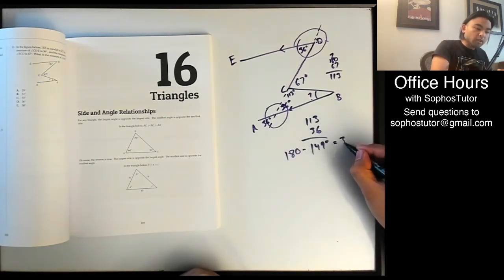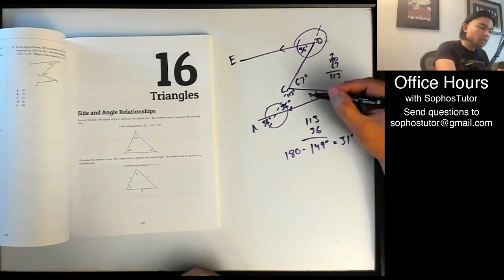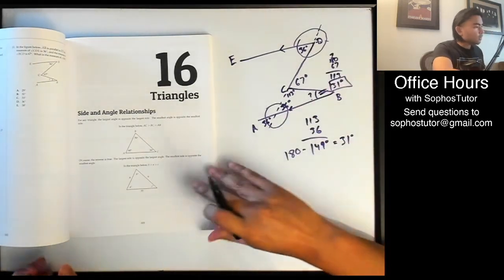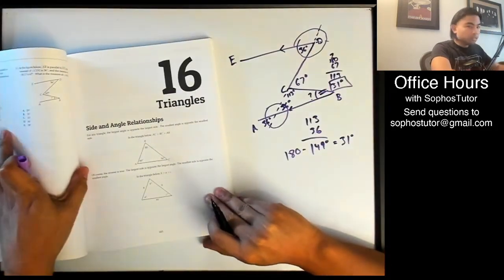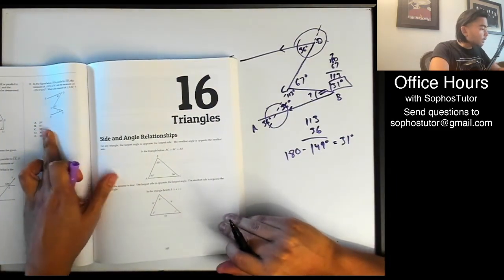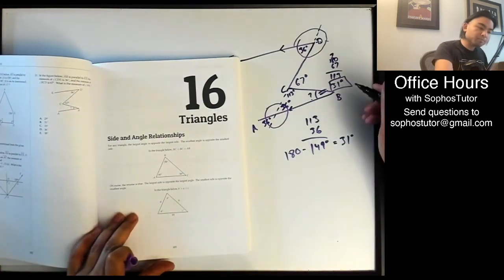This should be, I believe, 31 degrees. Just verify. Yeah. So the mystery angle is 31 degrees. And if we check our book, there is an entry for 31 degrees. It is letter B.